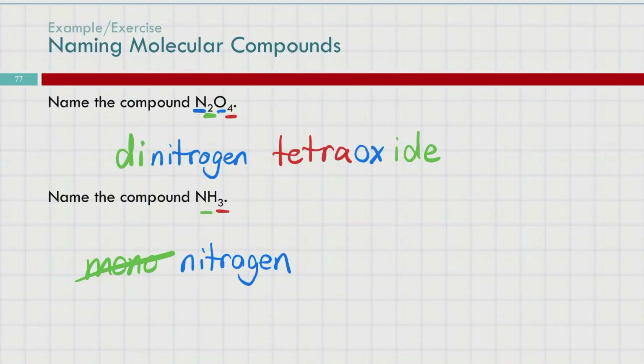What's our prefix for 3? Tri, like Triforce. And then our base name for H is what? Hydrogen. So we take off the ogen part, hydr, and end it with IDE. So nitrogen trihydride. Is that ammonia?